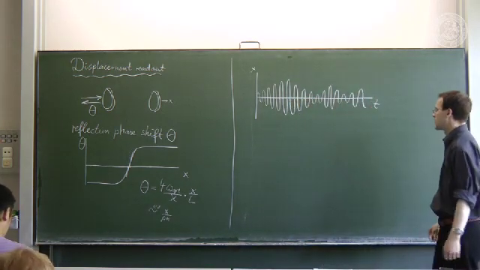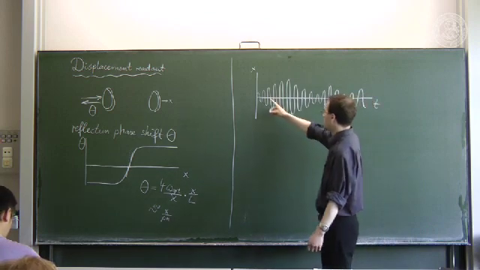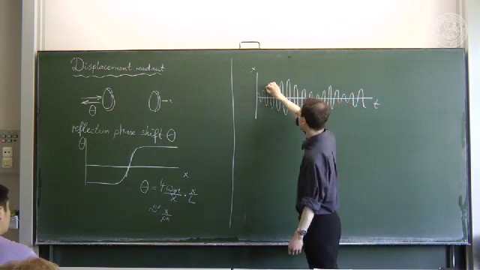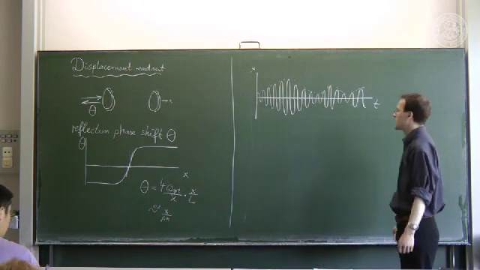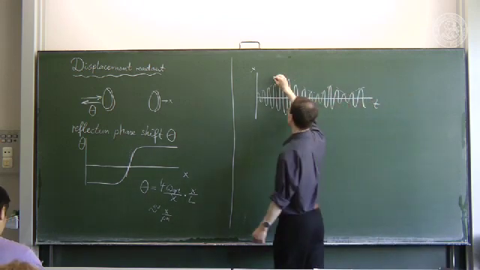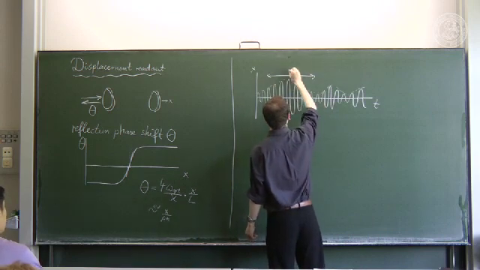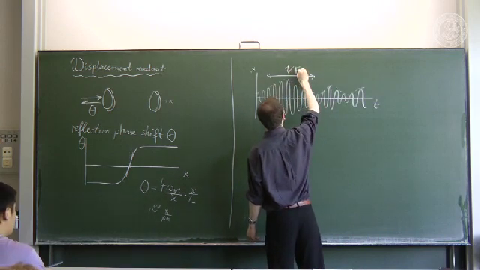It oscillates at its eigenfrequency, but the amplitude slowly fluctuates in the course of time. And it does so on a time scale that is set by the damping rate. So this is one damping time.